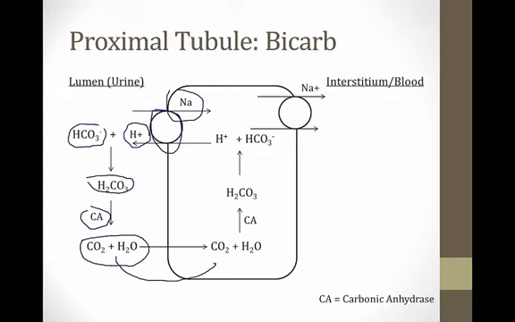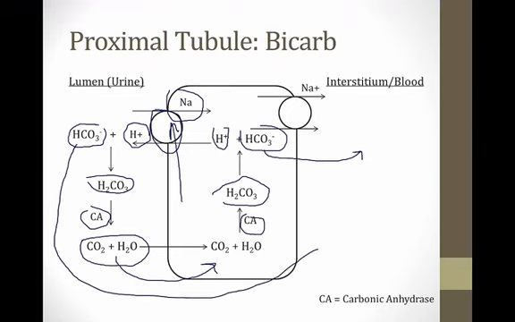These molecules can then diffuse into the cell, and then once again carbonic anhydrase will convert them back into acid, and then they'll fall apart into a bicarb molecule and an H plus atom. That bicarb molecule will then be resorbed. So the net result is that the stimulation of this protein by angiotensin II leads to more bicarb coming back into the blood, and that is part of what gives you a contraction alkalosis.